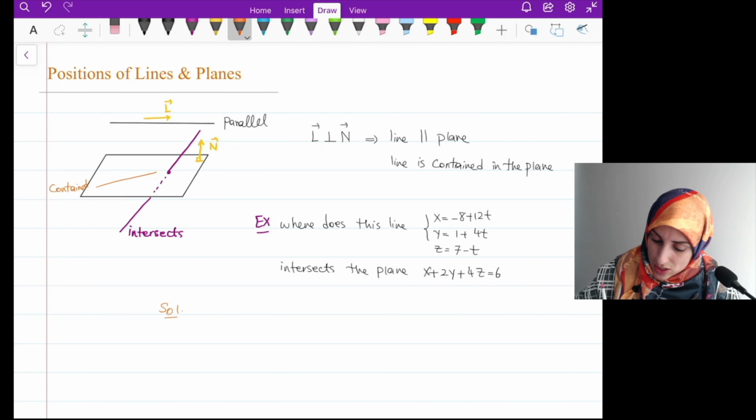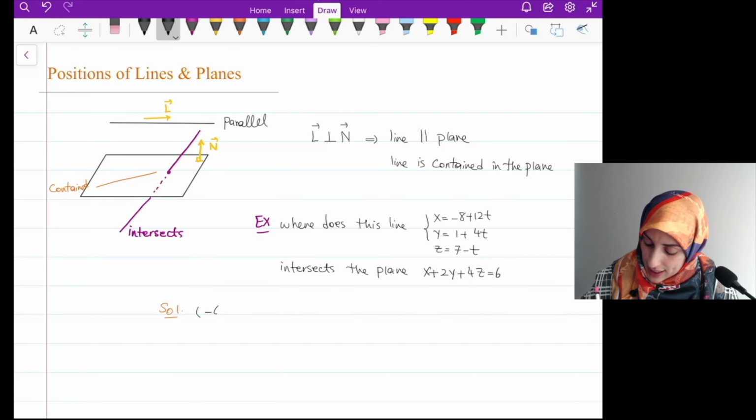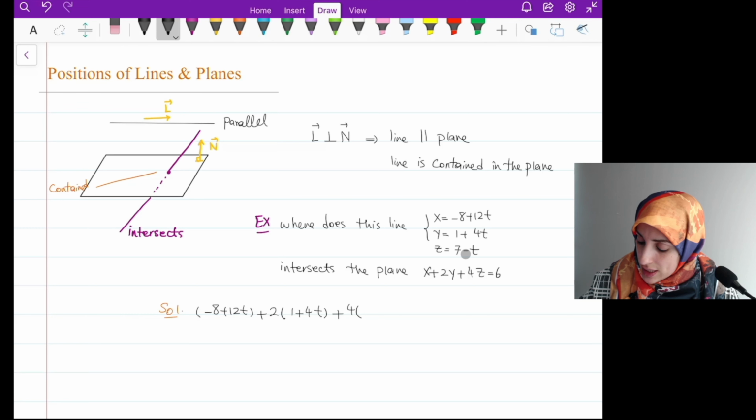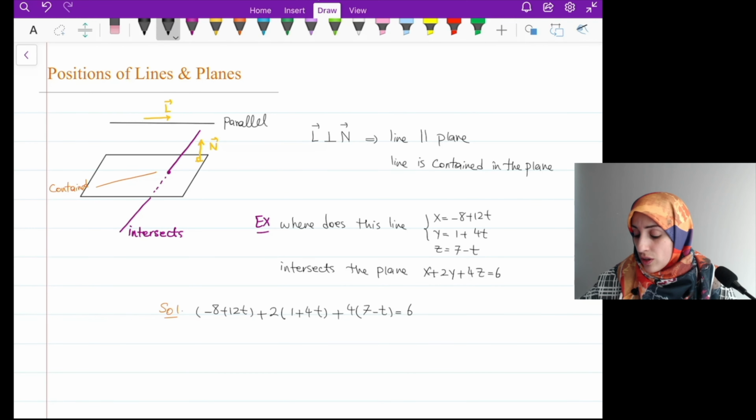So instead of x, I'm going to put -8 plus 12t, plus I have 2y. Instead of y, I'm going to put the parameterization of the line, 1 plus 4t. Instead of z, I put 7 minus t, and I'm going to set this equal to 6.